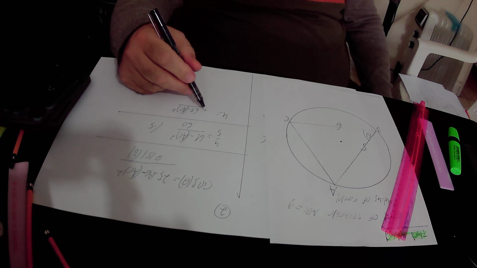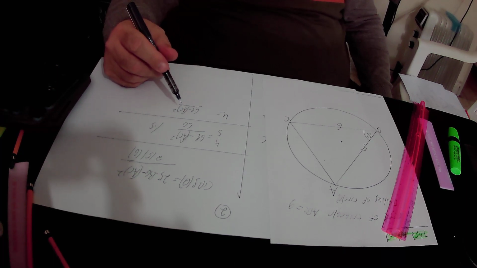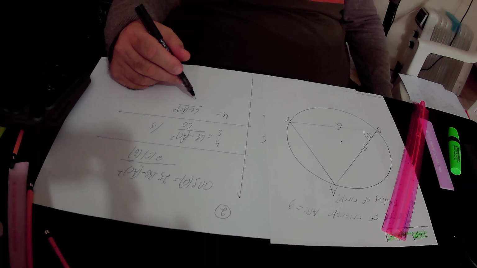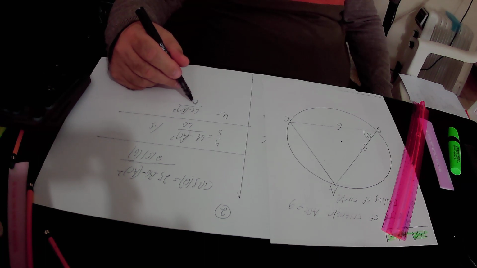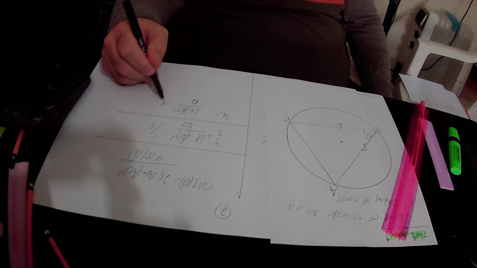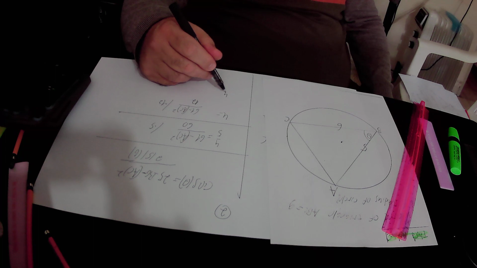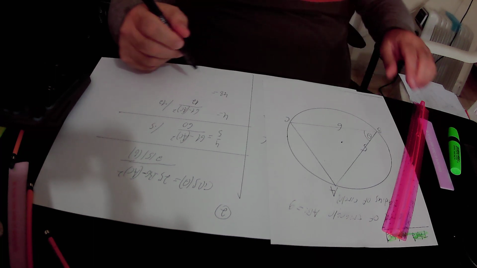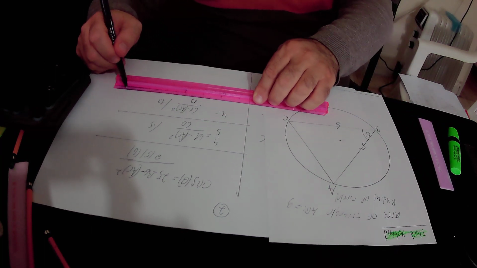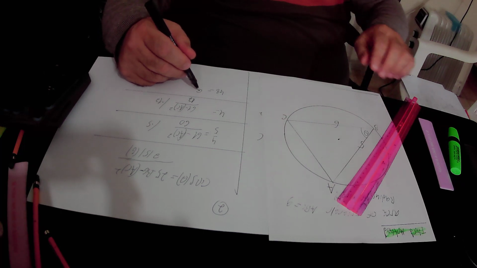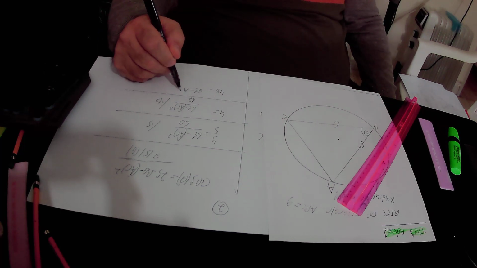And here we have actually 60 over 5 is 12. We multiply this equation by 12, and we get that 12 times 4 is 48. So 48 equals 61 minus AC squared.